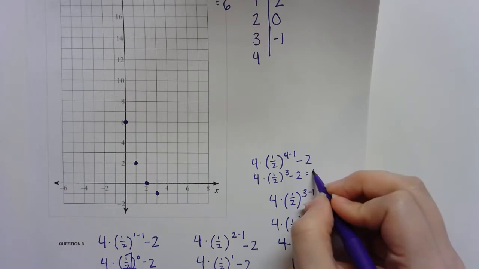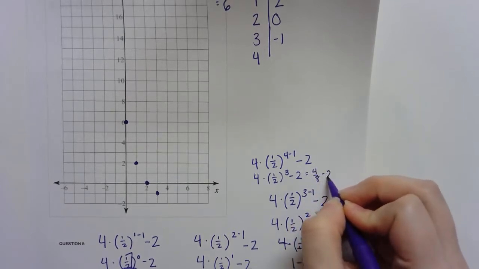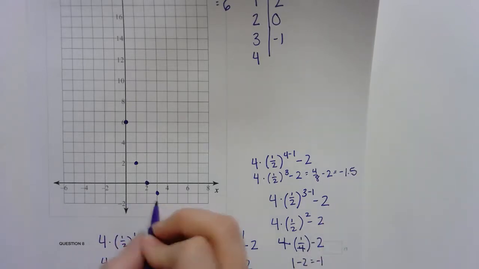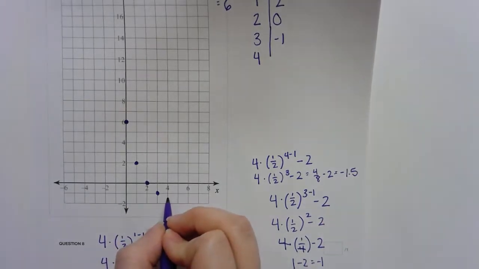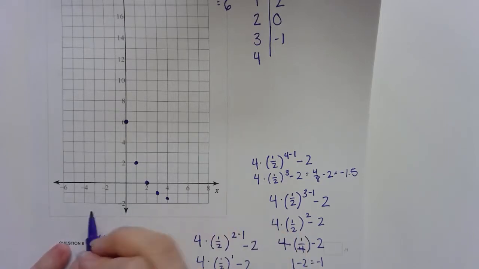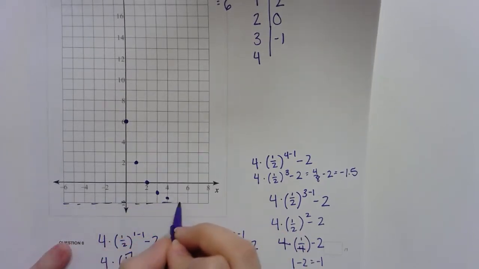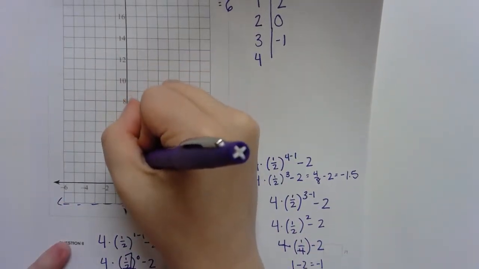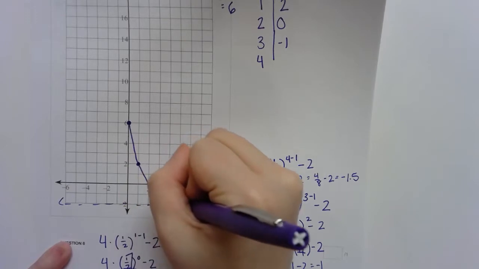So 4 over 8 minus 2. So that's 1/2 minus 2, which is -1.5. And this is where we're going to start seeing it slack off to have an asymptote at -2. So this is my asymptote. Okay, so we're going to approach that, but not cross it.